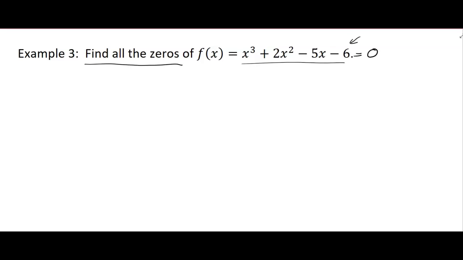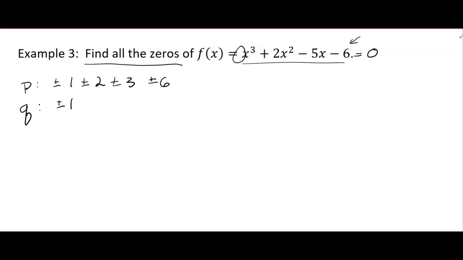Well, P, those are going to be factors of 6. It doesn't matter that it's a negative 6. So plus or minus 1, plus or minus 2, plus or minus 3, plus or minus 6. And then you look at the leading coefficient, Q, and those will be factors of 1, plus or minus 1. When the leading coefficient is 1, there aren't any fractions, so that helps a little bit.